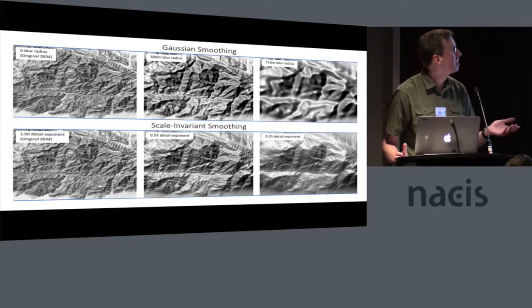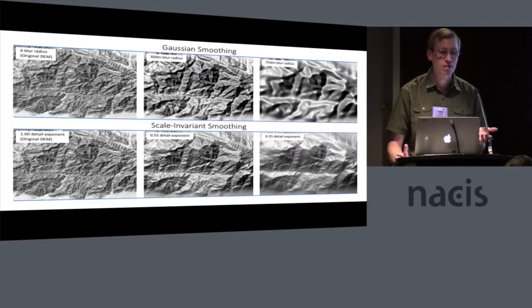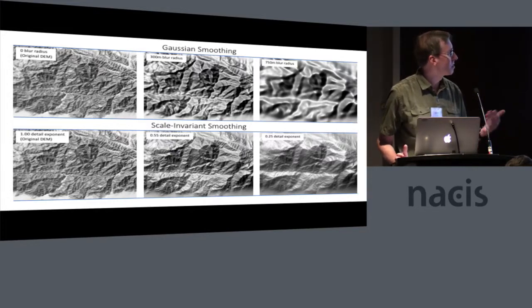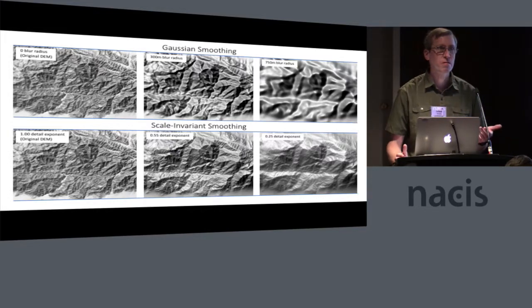And you can adjust that as you see fit for the amount of smoothing you like. An alternative is a scale invariant smoothing, where rather than removing all the details below a certain size, the details are reduced in contrast more and more as the details get smaller, but never completely removed. In this case, what I mean by contrast is a vertical exaggeration factor.